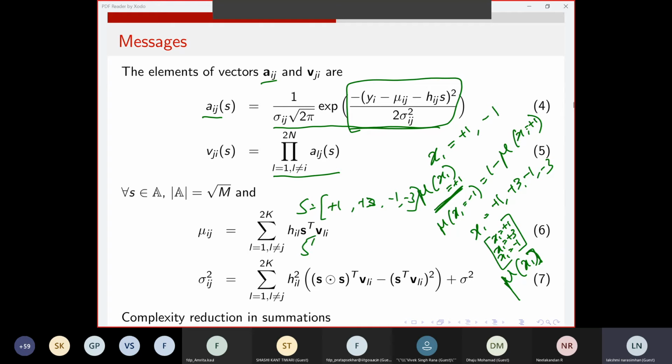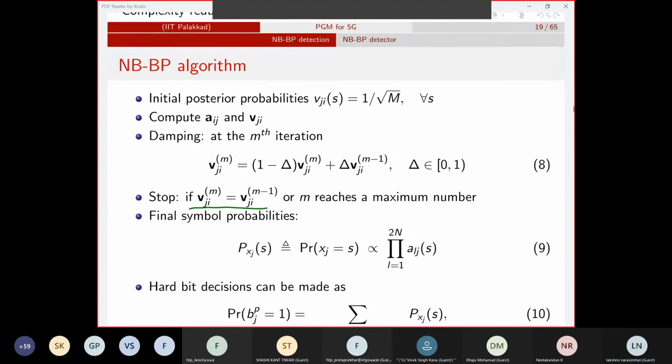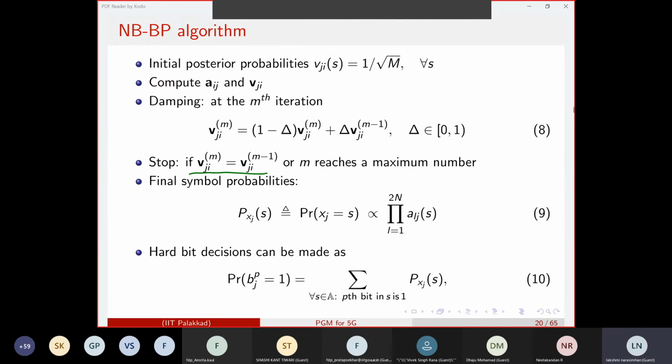So s transpose p_i is nothing but the expected value of, in this case, x_i. That's all. So we take the probabilities from all the variable nodes and then use them as the posterior probabilities on each of these symbol values. From them, we update the new factor node message.